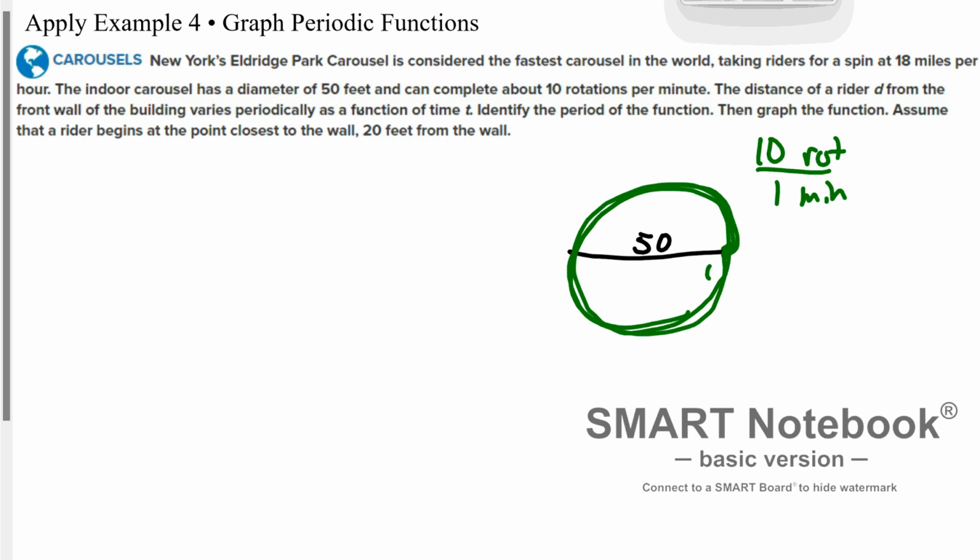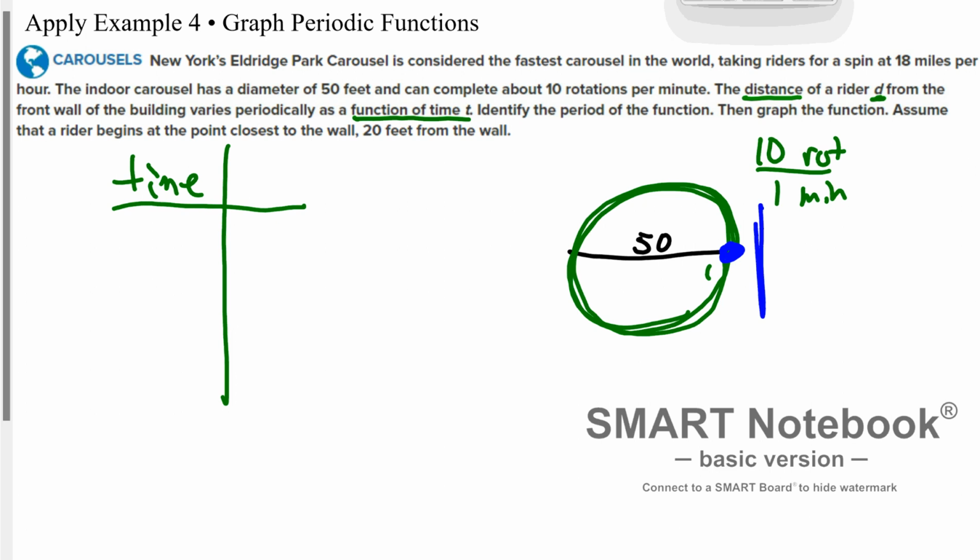So it says some function of time. That means I'm going to make a chart with time. And it says the distance of a rider at some point. Say a rider's right here, and from the front of a wall. So we have some sort of wall here that the rider is away from, and we want to find what that distance is in between here.